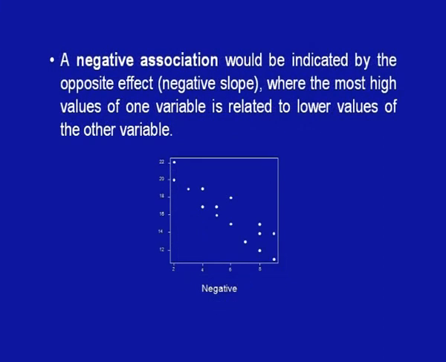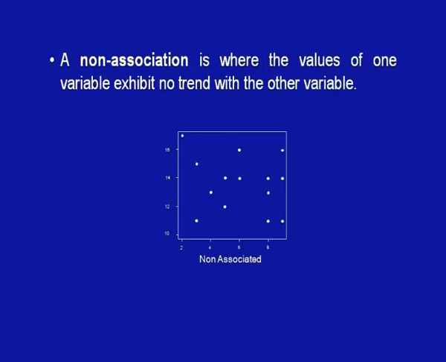A negative association would be indicated by the opposite effect, that is a negative slope, where most high values of one variable are related to the lower values of the other variable. Non-association is where the values of one variable exhibit no trend with the other variable.